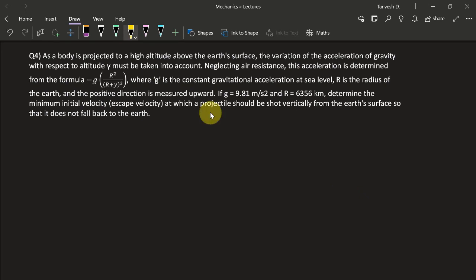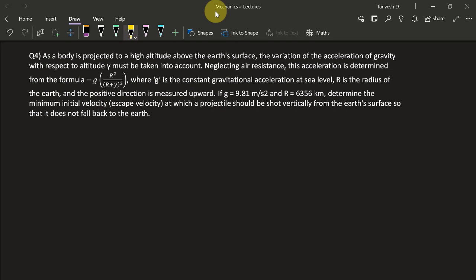So it is the minimum velocity that is required to escape the gravitational field of the Earth. Therefore, when it actually goes into the space, it is not going to have any velocity of its own. There won't be any gravity acting on it, so it will be just floating in the space. Therefore, when it reaches into the space, its final velocity is actually 0, because it is not having any velocity of its own.